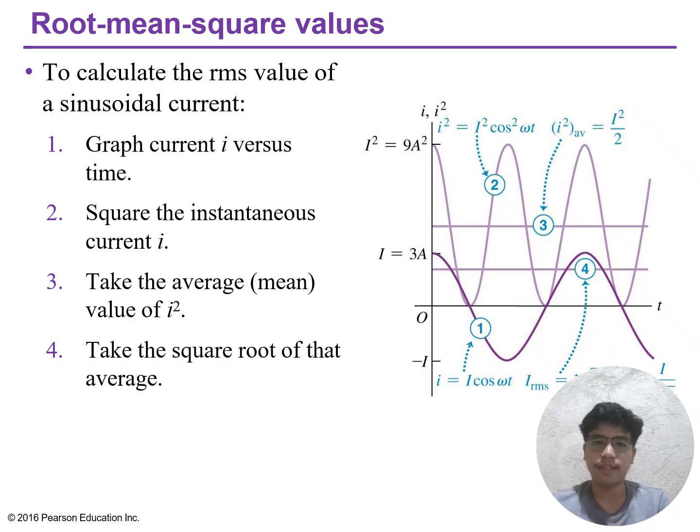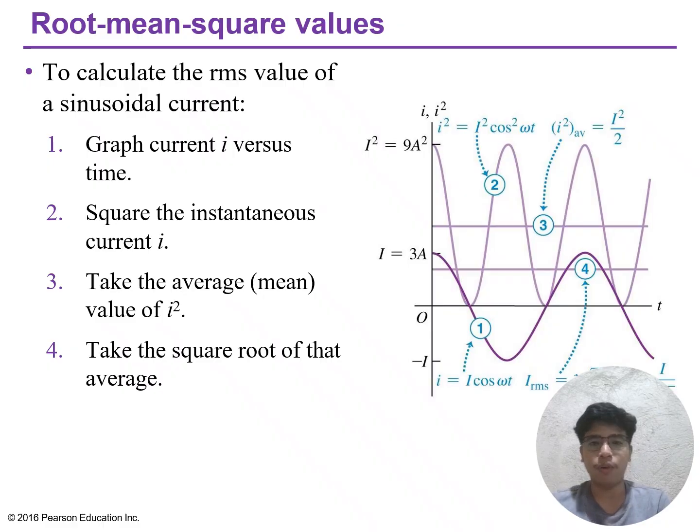The RMS value has the profound advantage that for sinusoidal quantities it equals the peak amplitude divided by the square root of 2, approximately 1.414, which makes calculations much simpler than working with instantaneous values throughout.